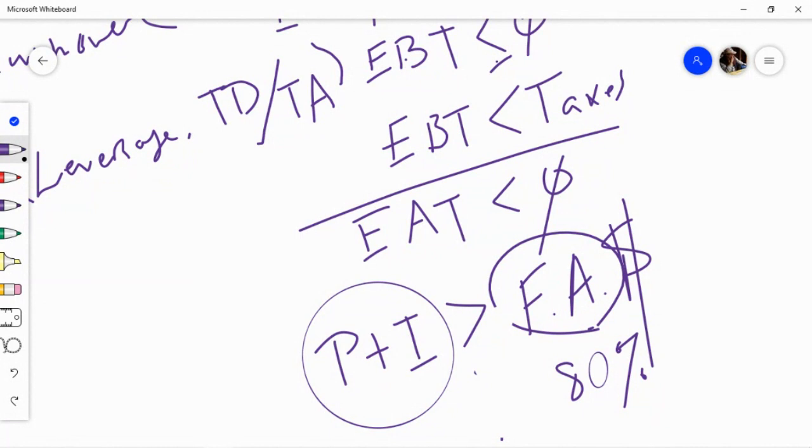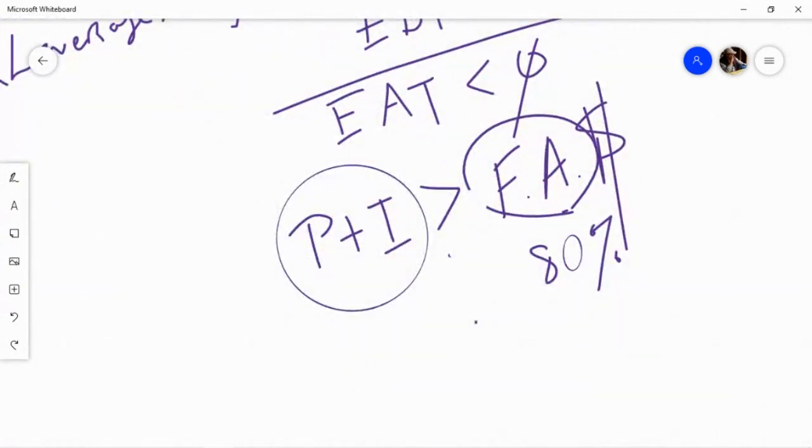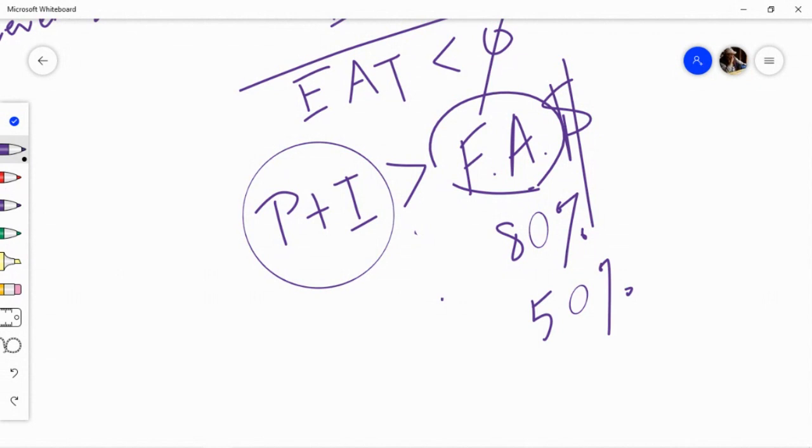But if the liquidated value of fixed assets is not even 50% of their principal and interest, will they go ahead with Chapter 7? No, they won't, because it's like swallowing a poison pill, right?